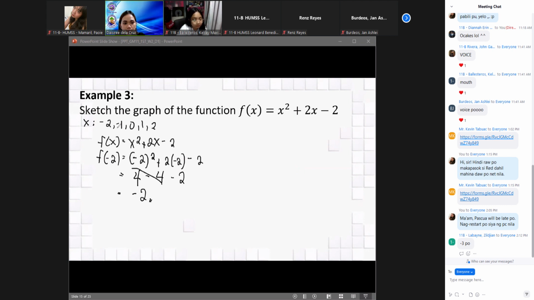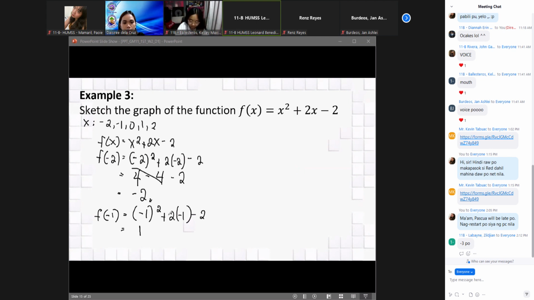Okay? Next, proceed naman tayo kay negative 1. So, f of negative 1 is equals to negative 1 squared plus 2 times negative 1 minus 2. Okay? So, negative 1 squared, what will be the answer? Positive 1.